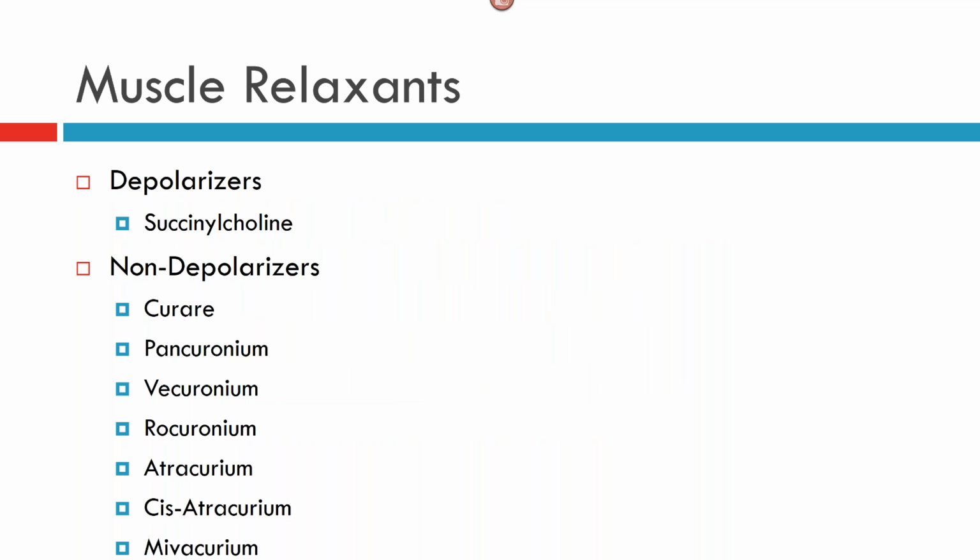Now there are 2 different types of muscle relaxant we see in the operating room. One is called depolarizers and the other is called non-depolarizers. The only depolarizer we see is succinylcholine, and there's a long list of non-depolarizers: curare, pancuronium, vecuronium, rocuronium, atracurium, cisatracurium, mivacurium. All of these are non-depolarizing agents, and some of them are short-acting, some medium-acting, and some long-acting.